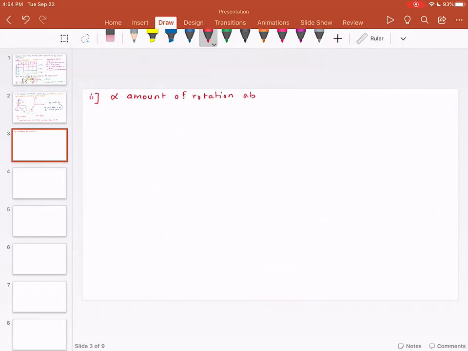about Xn, and this is very important. The previous rotation was about Zn minus 1. Alpha is about Xn, so that Zn minus 1 matches with Zn.